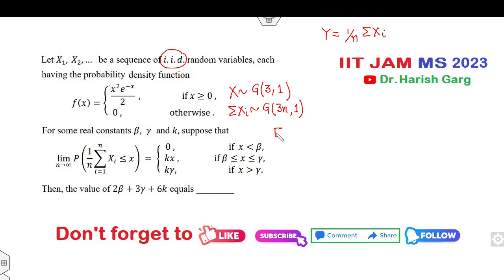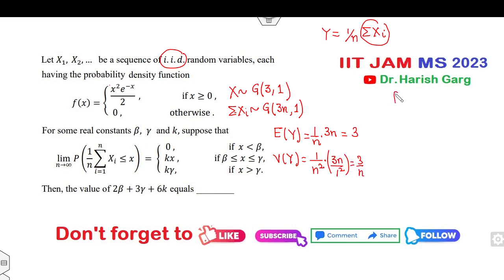So can you find the mean of Y? It is 1 over n, and the mean of this quantity is 3n. So this is 3. Variance of the Y is 1 over n square, variance of the gamma distribution, so 3n over 1 square, it is 3 over n.